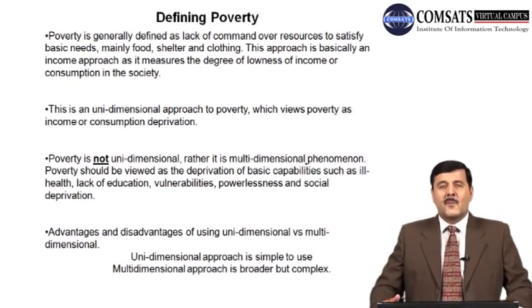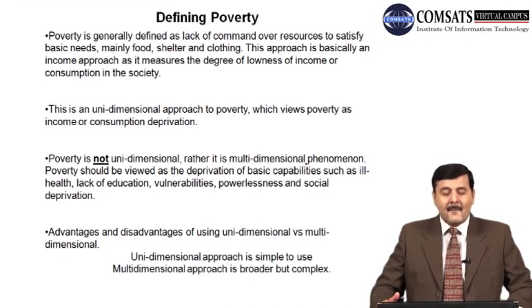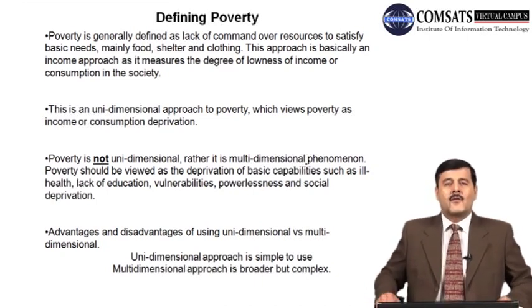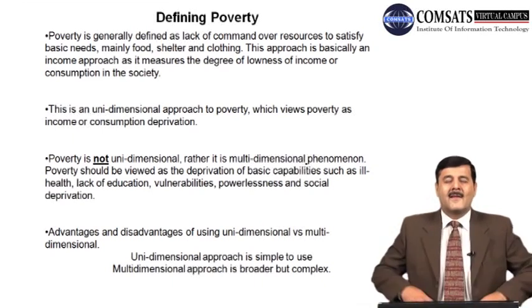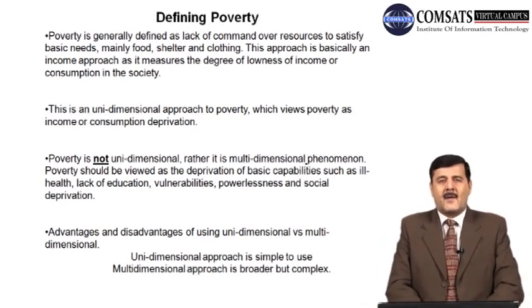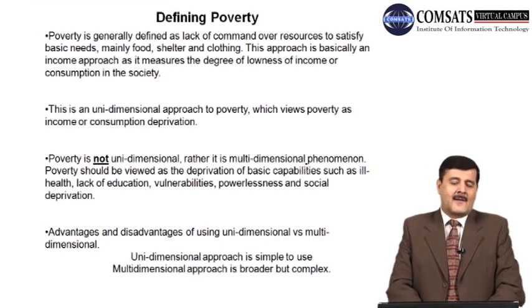This approach is basically an income approach, as it measures the degree of lowness of income or consumption in the society. So this sort of approach is known as the income approach. So this is a unidimensional approach to poverty, which views poverty as income or consumption deprivation.